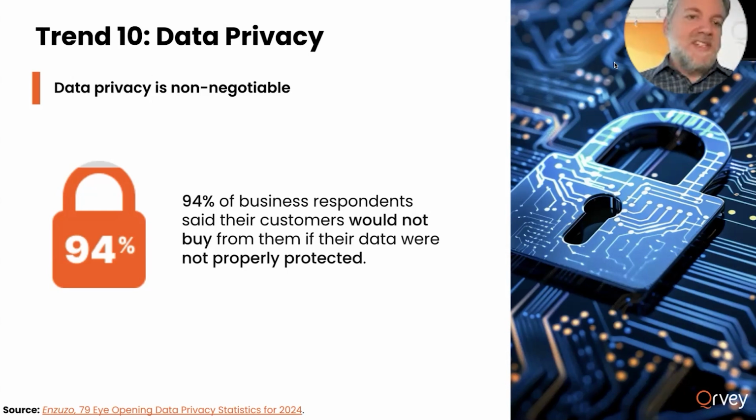Obviously, most businesses agree, as 94% have to absolutely make sure that customers' data is protected, and not just protected, but absolutely only exposed to the users and the roles of users who need to see the data that they have access to. So it's not just about protecting tenant data, but even within tenants, making sure that the users are only seeing the data that they are supposed to have access to.